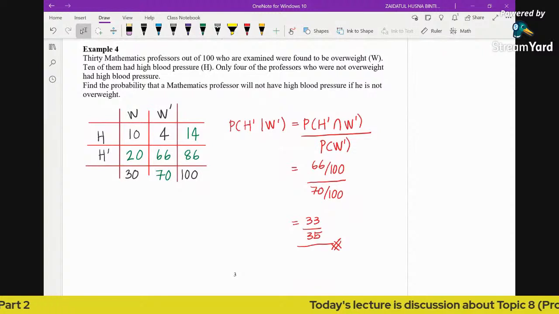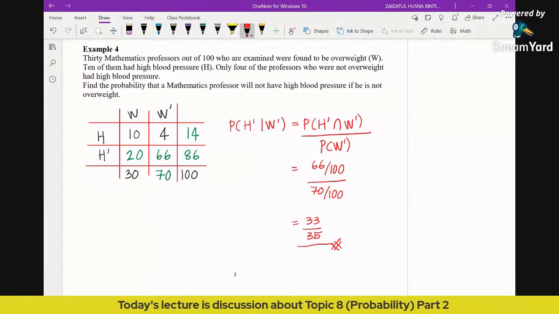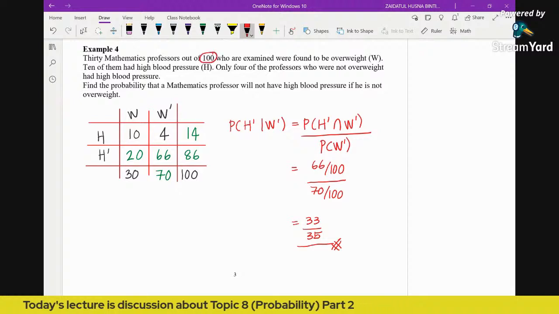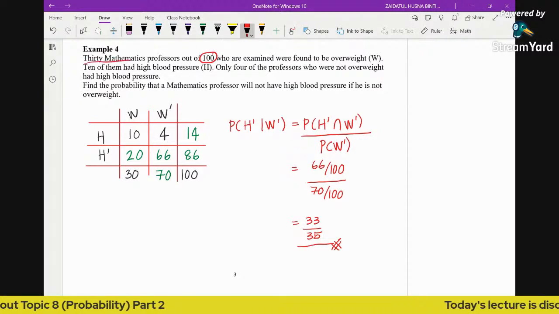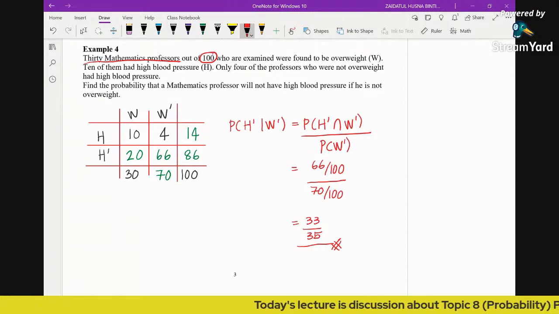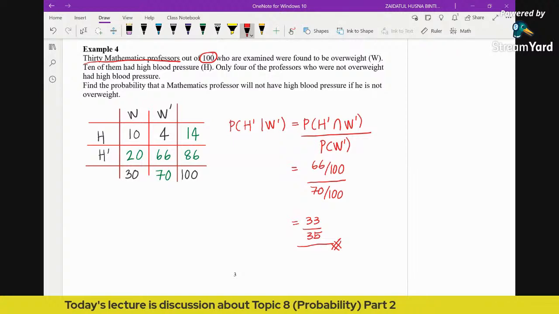30 mathematics professors out of 100. So we know that there are 100 professors. The fact that they are mathematics professors has nothing to do with the events. First, the professors were found to be overweight, so this is the event here, overweight.